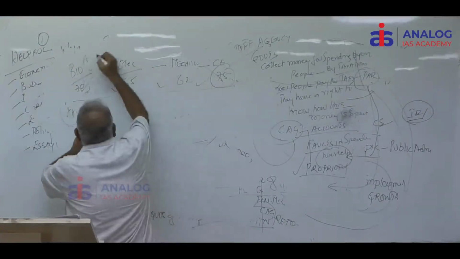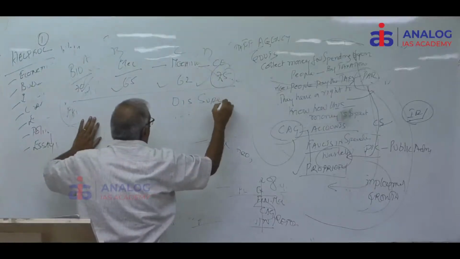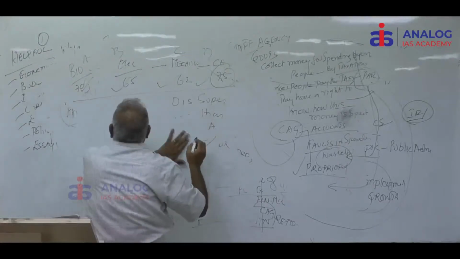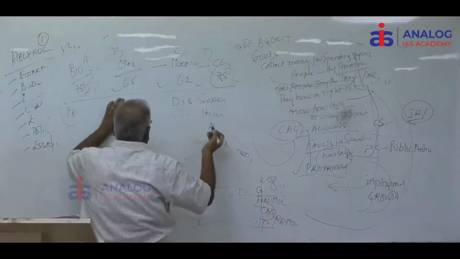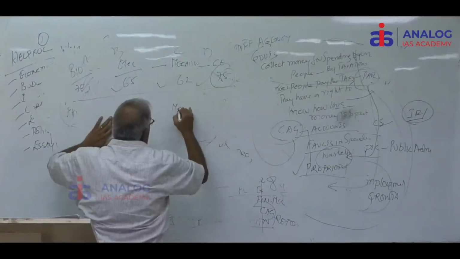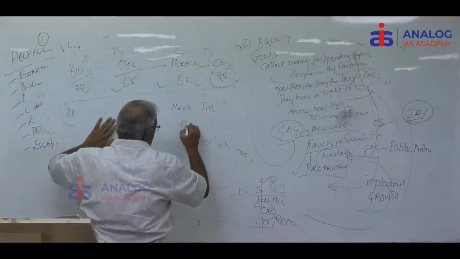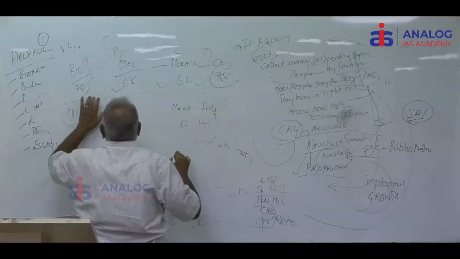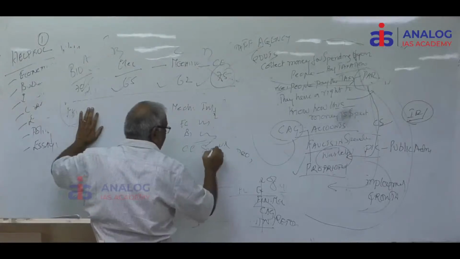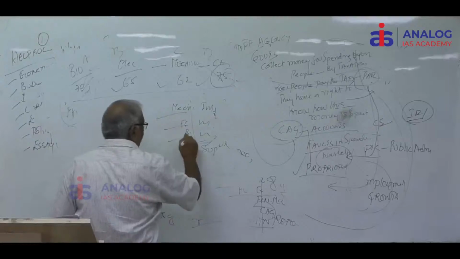Let's say A, B, C, D. You cannot say that because mechanical engineering is inferior, then electrical engineering is inferior, then bioengineering is inferior, and only computer engineering is superior. Can you say that? That is very wrong. All subjects have their own first rankers.